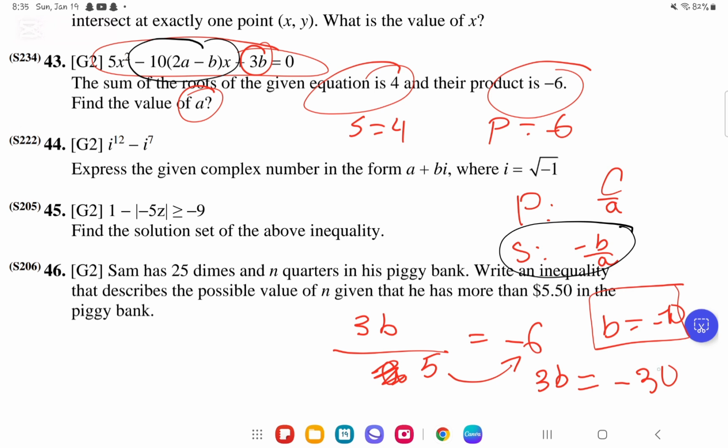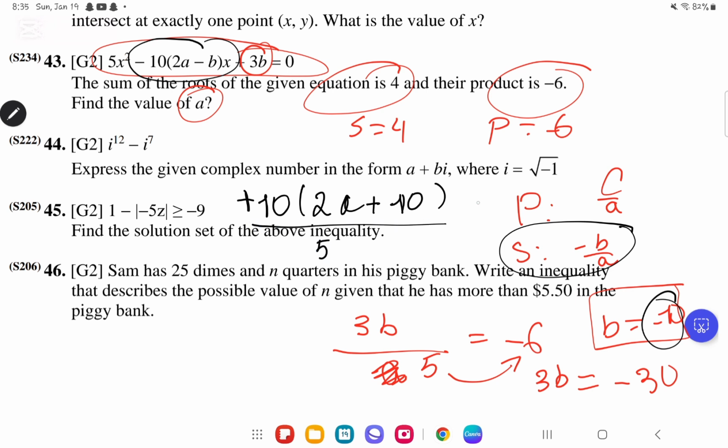And we know that the value of B is what? Minus 10. So it becomes plus 10 times 2a plus, because minus times minus is plus, so plus the value of b, which we found to be 10, divided by a, which is 5, is equal to the sum, which is 4.